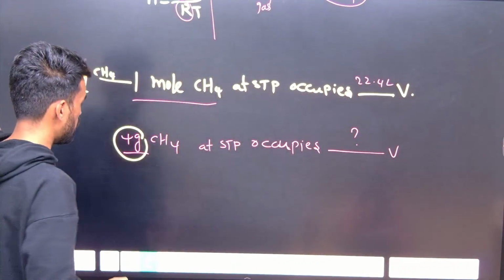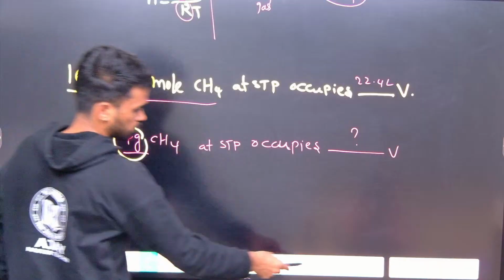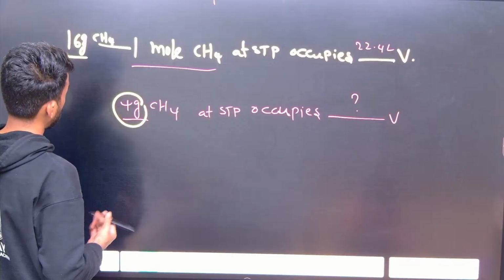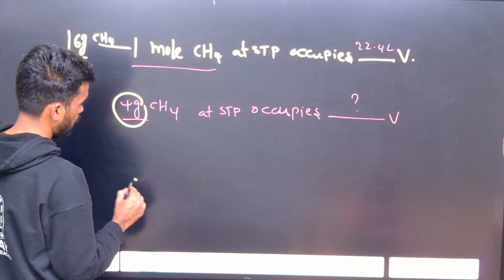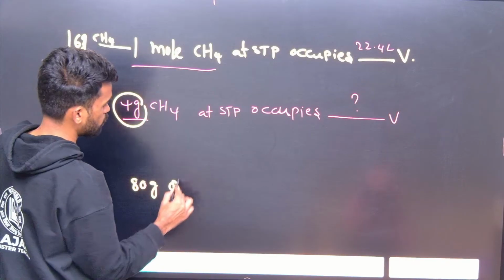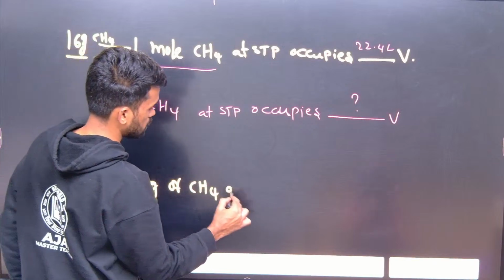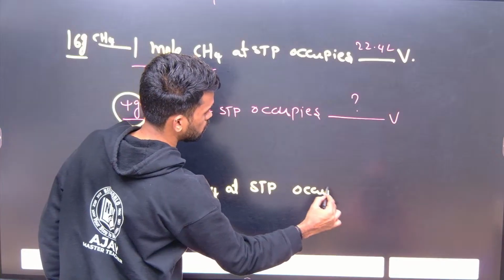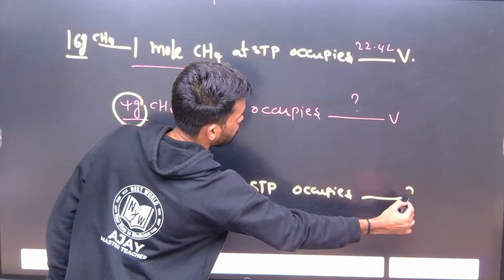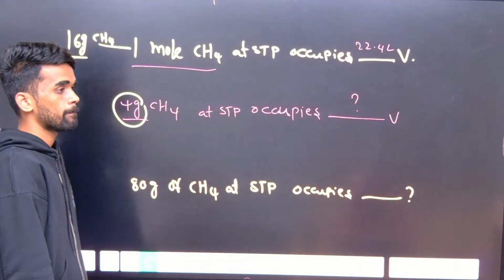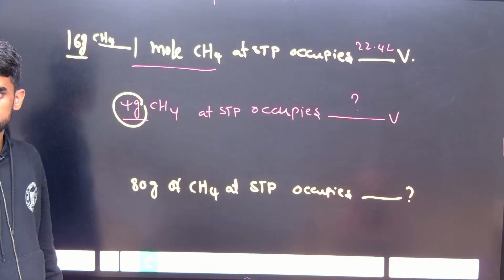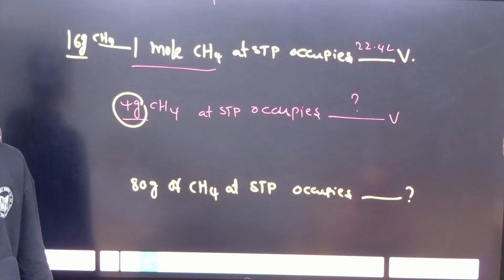Now I am giving you 80 grams of methane. So tell me fast, it occupies how much volume? 80 by 16 is 5 moles, so 5 into 22.4.